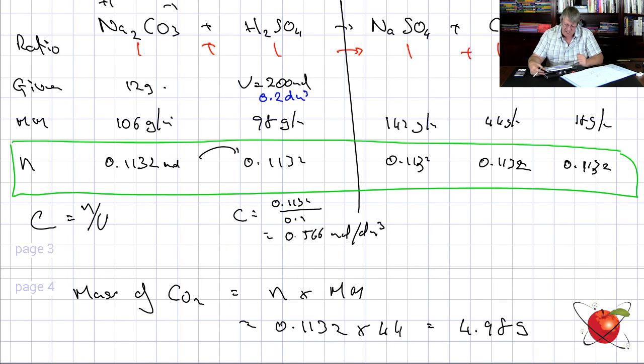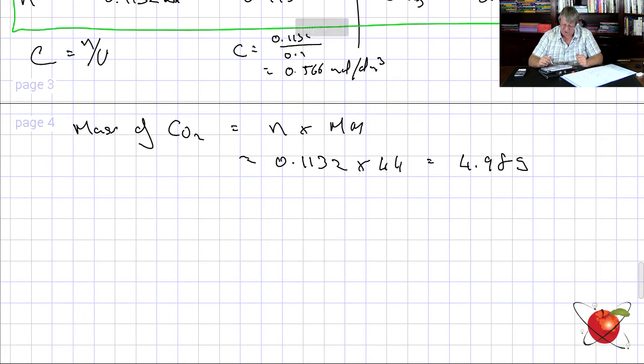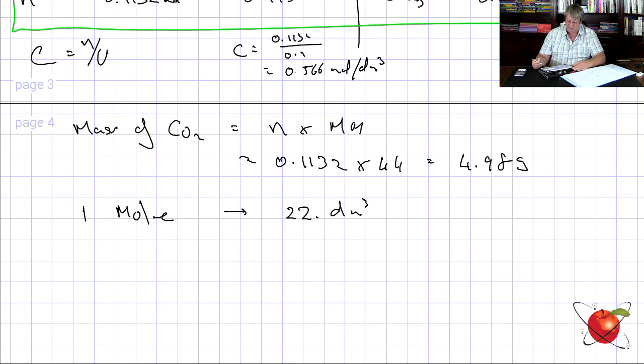And at STP, gas, 1 mole is equal to 22.4 decimeters cubed. How many moles have we got? We've got 0.1132, and x is what we're looking for, the volume.